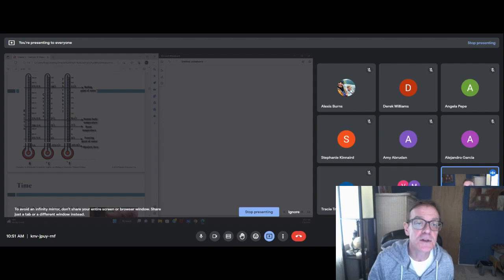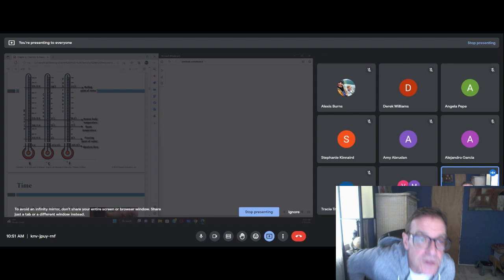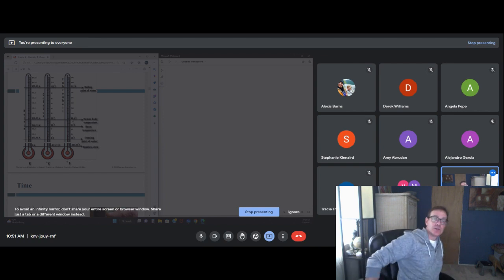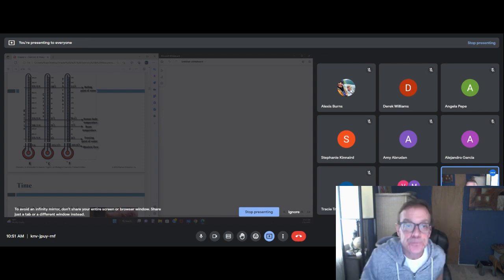Then all the way up to the boiling point of water: 100 degrees Celsius, 212 degrees Fahrenheit, and 100 plus 273 gives 373 degrees Kelvin.